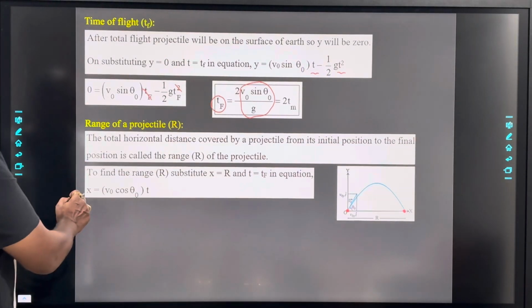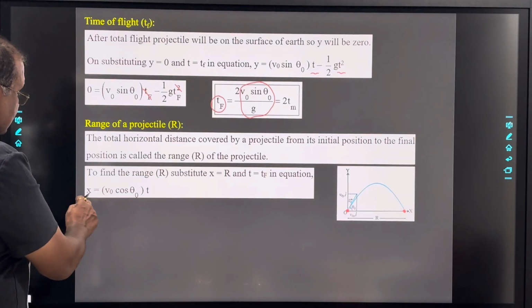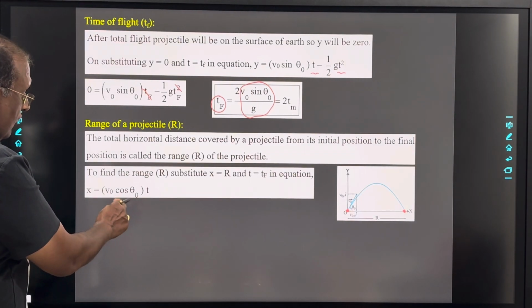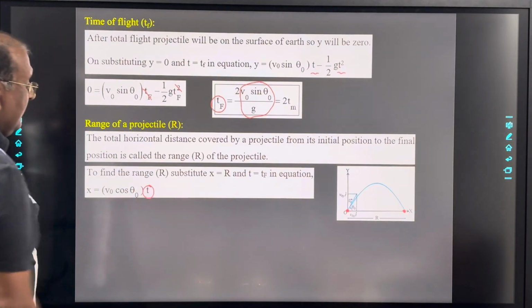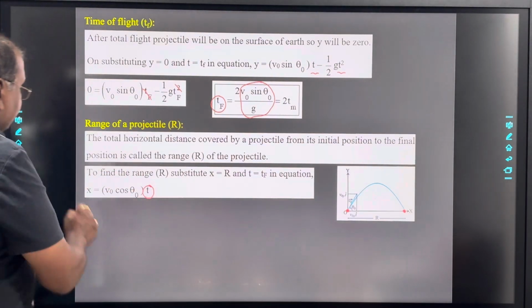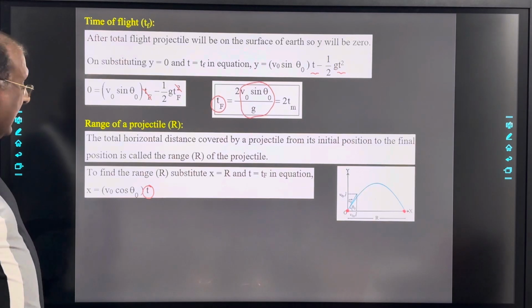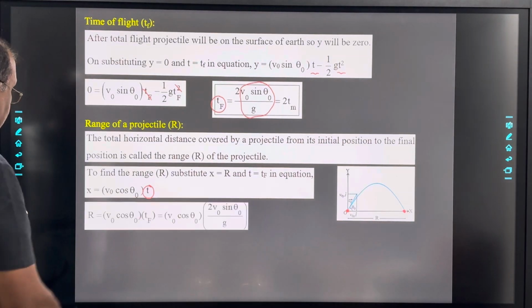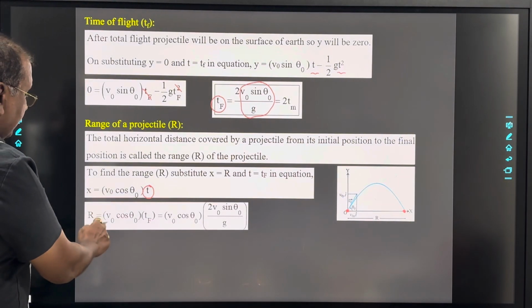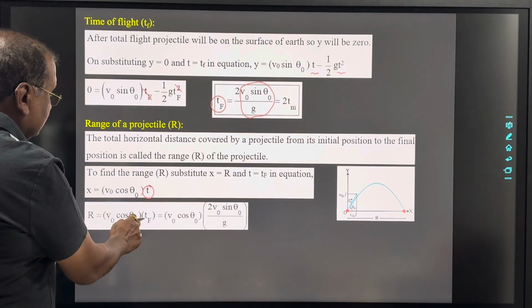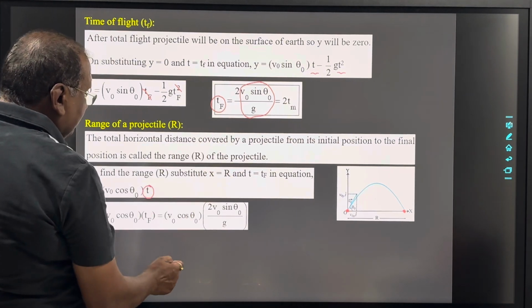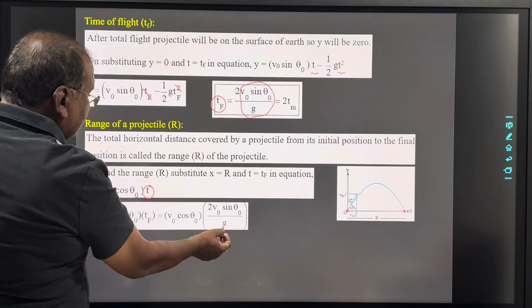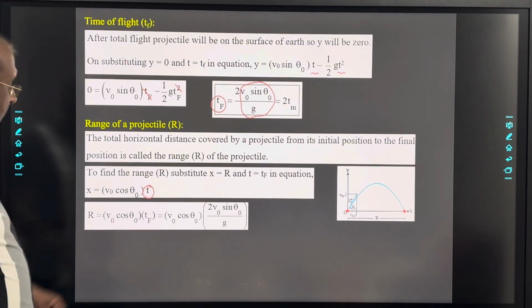In the equation of horizontal distance covered, x = v0 cos theta0 · t, if we take time t = tf, then x will be equal to R. So here substitute the values, x = R, v0 cos theta0, t is tf, and now substitute here the value of tf from this one, 2v0 sin theta0 / g.